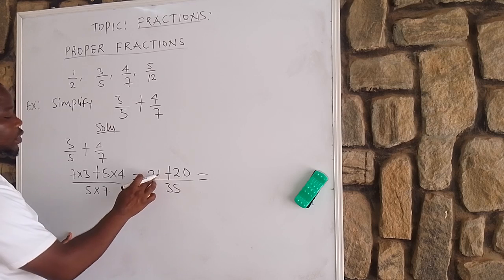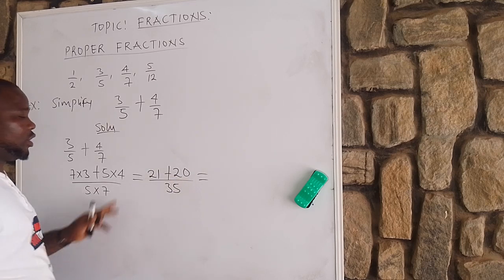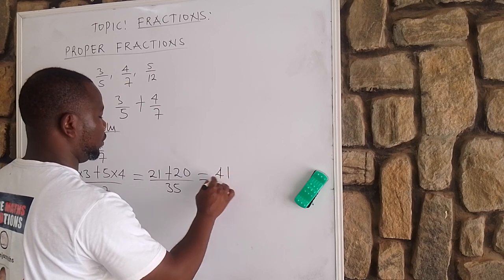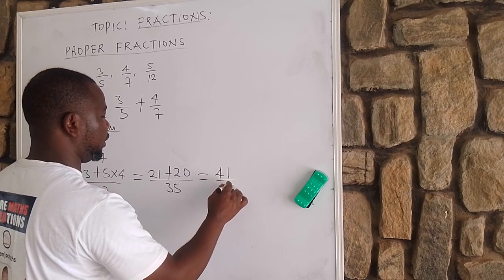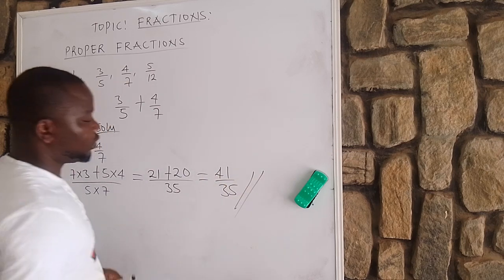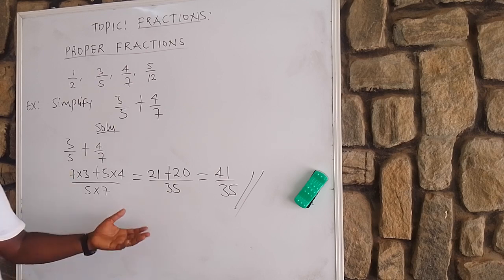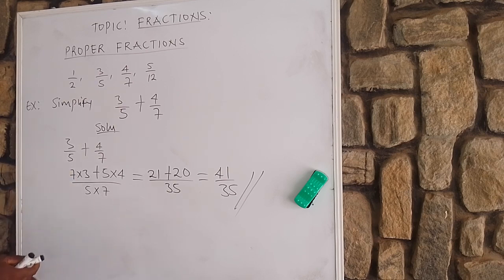So by the time you sum the numerator, 21 plus 20 is going to give you 41 all over 35. So this is the answer. This is how you are going to do it. Any question? I don't think you will have question for now. So that is proper fraction.